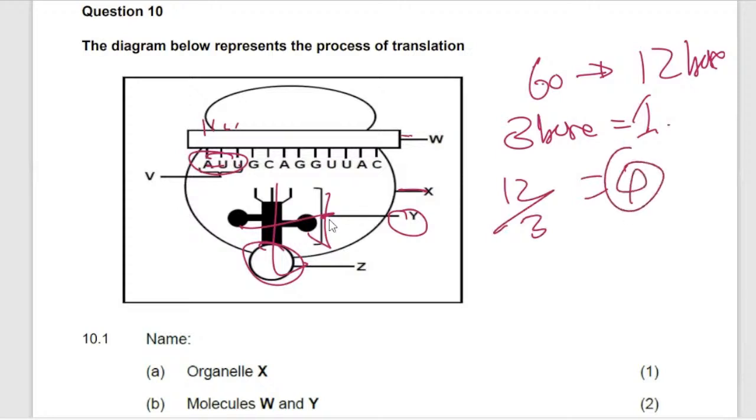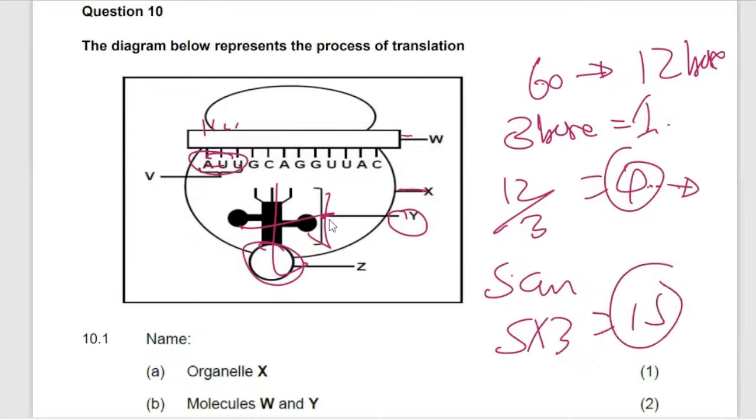How many amino acids in the 4 codons? It's going to be 4 because each codon codes for 1 amino acid. How many bases code for 5 amino acids? Remember, each amino acid is coded by 3 bases. So 5 times 3 gives me 15. You have to know how to interpret that.